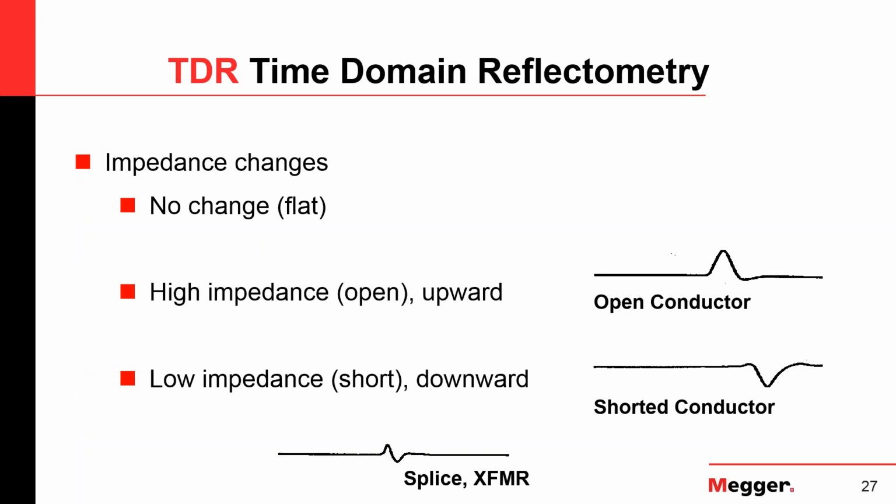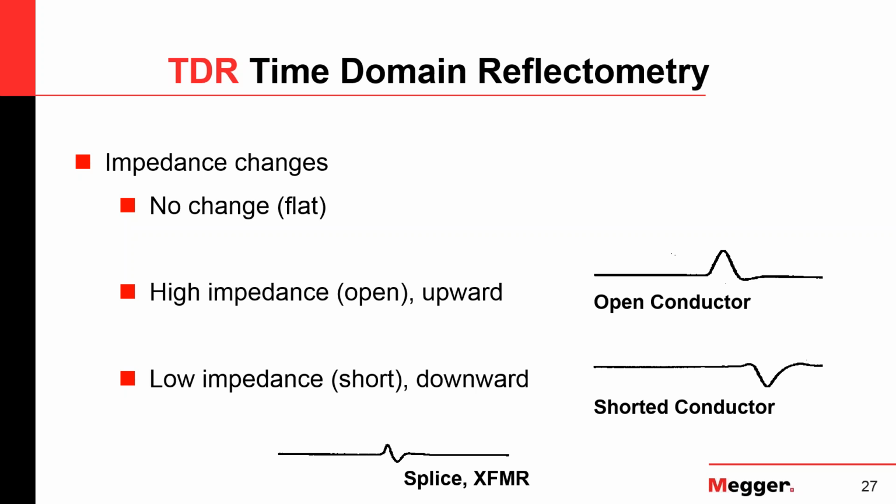So what kind of signatures do we have? You look on your screen, so you connect one lead of the TDR to the center conductor, the other lead to the return. If there's no change in impedance, that means there's nothing going on with the condition of the center conductor and the neutral, it's a flat line.